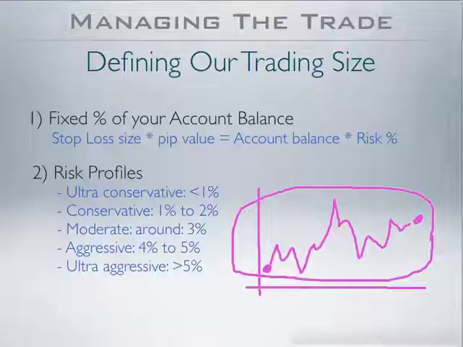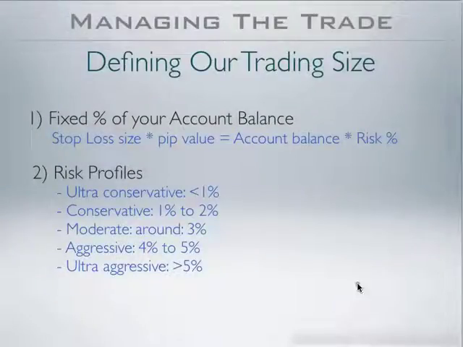Since on one hand being ultra aggressive is just not recommendable, and on the other hand your account balance is probably not large enough to be an ultra aggressive trader, these are the three options left: conservative, moderate, and aggressive, risking between 1% and 5% of your account balance on each particular trade, depending on your risk profile.